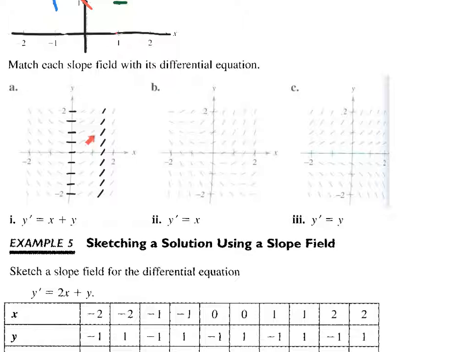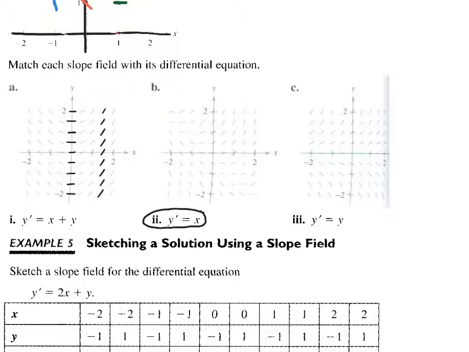Here x is 1 and they all approximately have a slope of 1. And over here at 2, they're even sharper at a slope of 2. At negative 1, they've got a slope of about -1, okay? So that does make sense. Y prime equals x would be the differential equation for that.